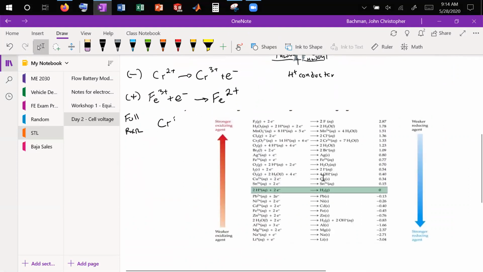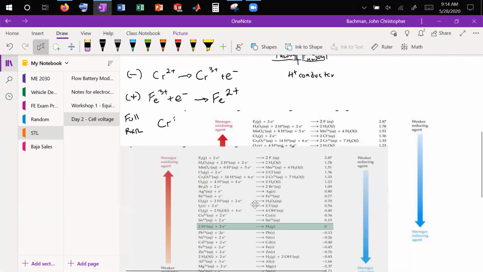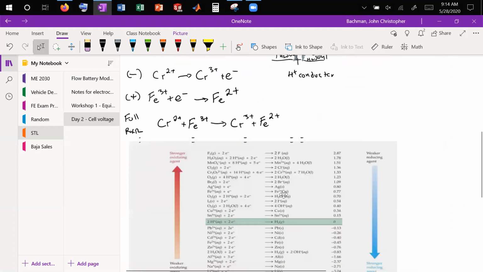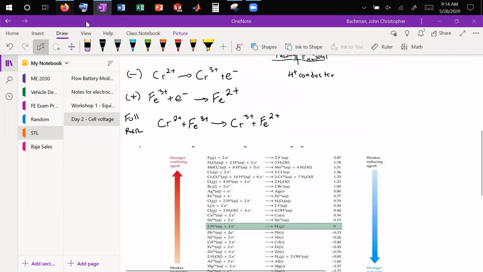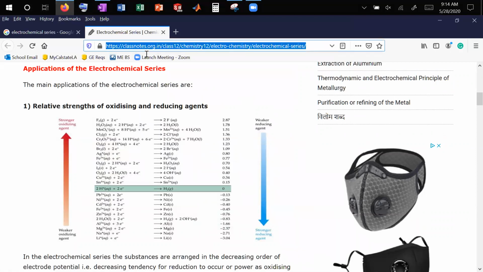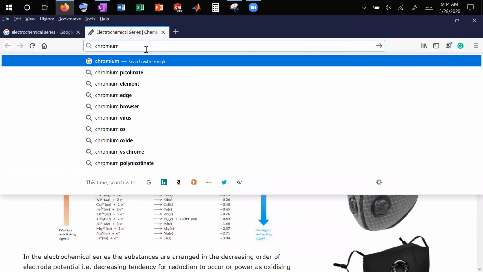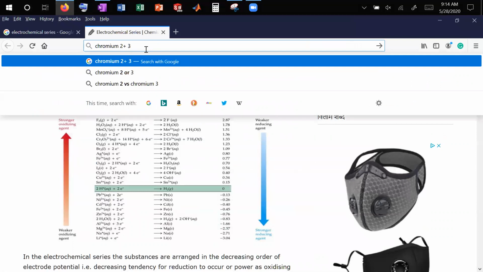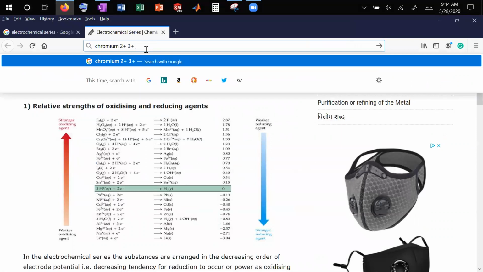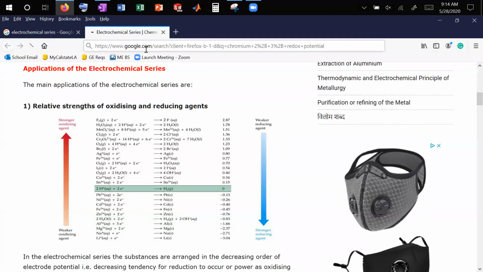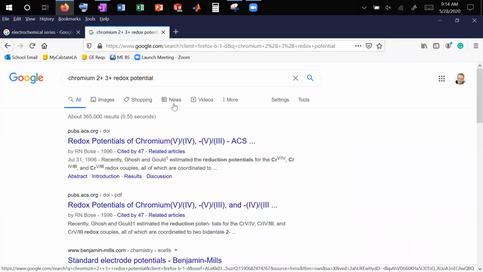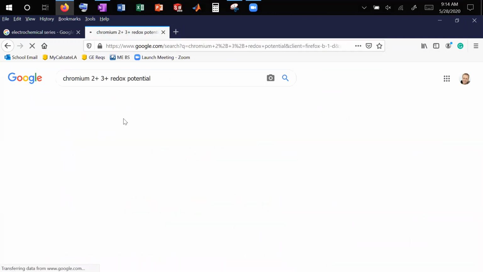I'm not sure if I see chromium on this yet. Might need to. So what I would look for is kind of the chromium 2+, 3+ redox potential. Right, and so we might have to, let's see if we can find some images to see if we can find it.